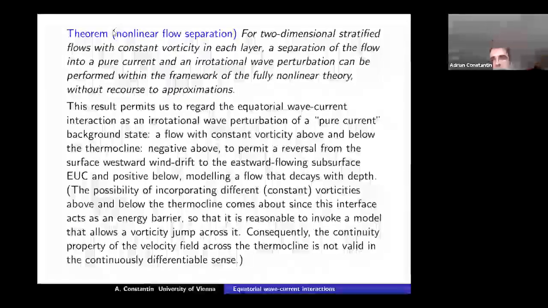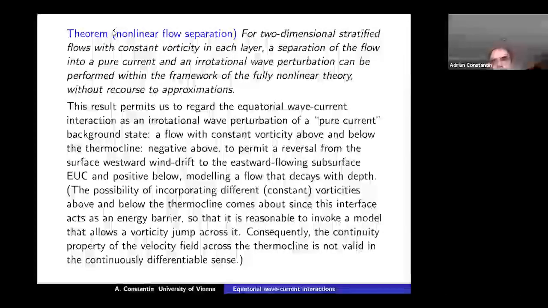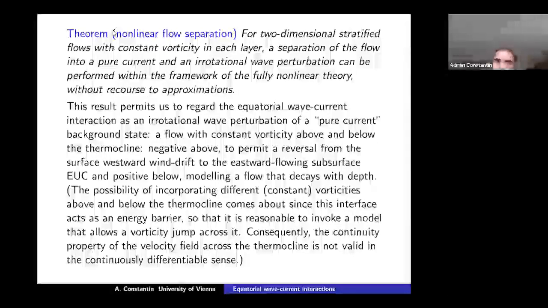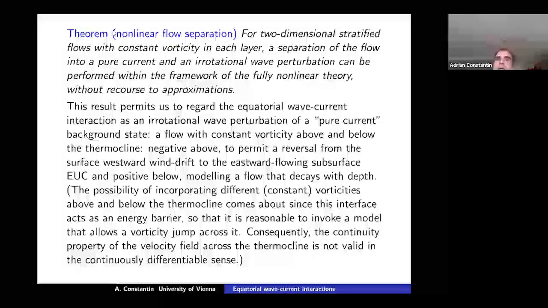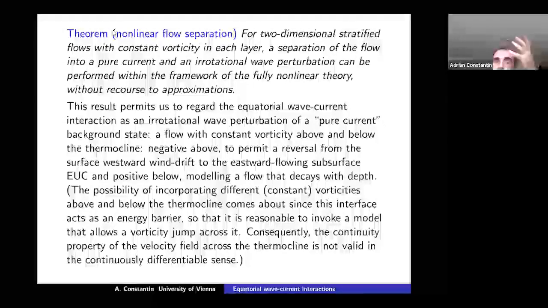So the first thing is, we have to account for vorticity, because there is a shear at the surface. The flow is westward. Somewhere at 200 meters depth it is eastward, and then it's still. So you cannot have uniform flow, you cannot have irrotational flow, so you have to have vorticity.